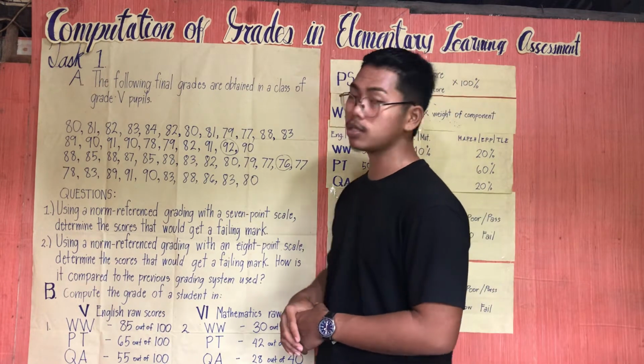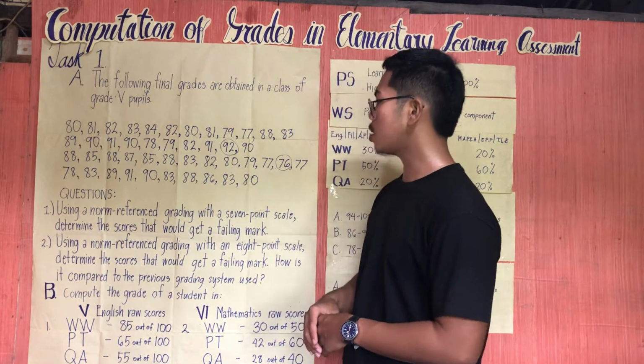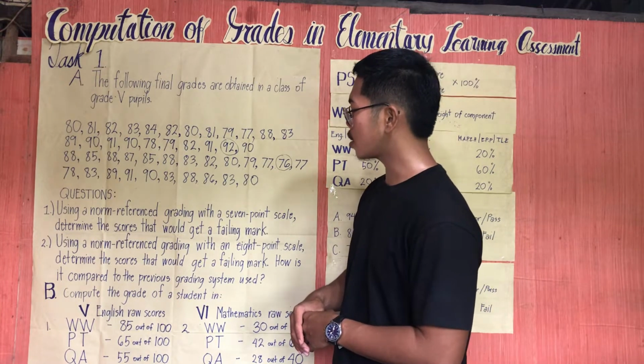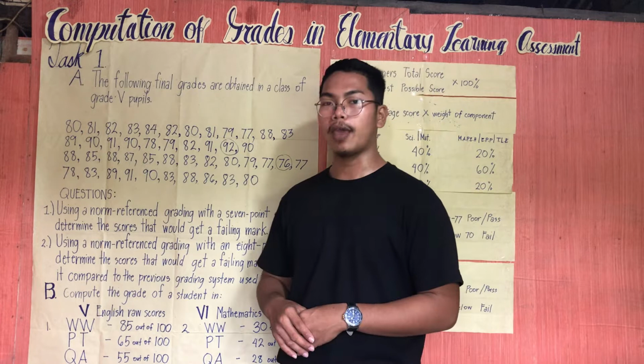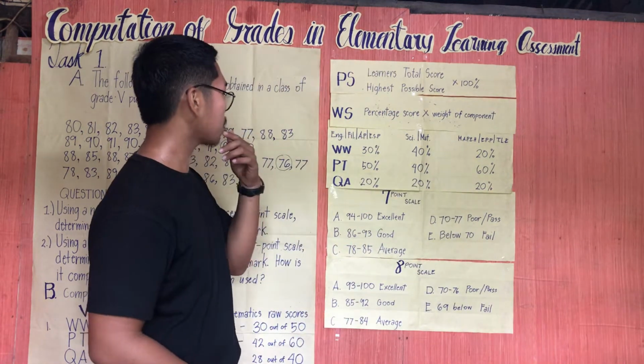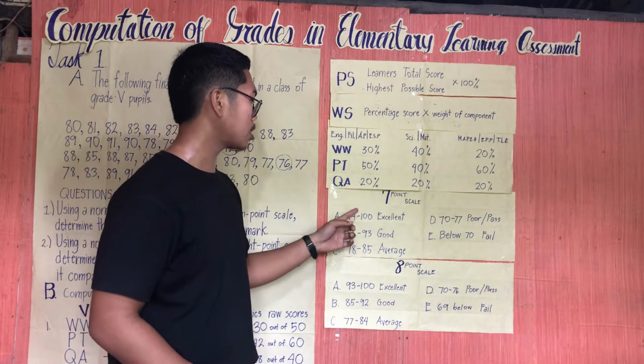For question number 1, using a norm-referenced grading with a 7-point scale, determine the scores that would get a failing mark. Now, we will have a glimpse of the 7-point scale.